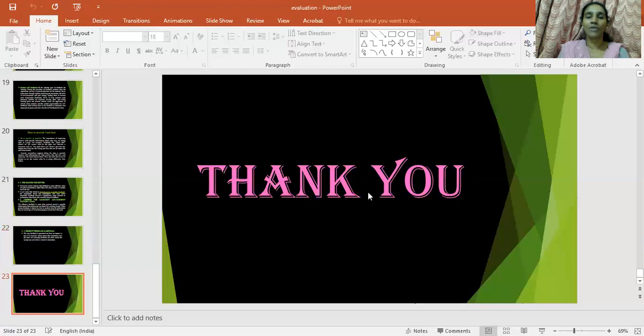And this is about our 1.1 point, that is evaluation and feedback. So from the first chapter we have completed 3 points, 1.1, 1.2 and 1.3.